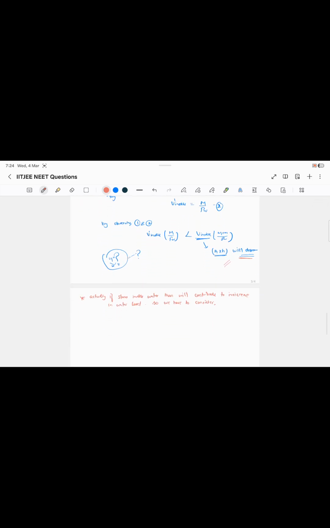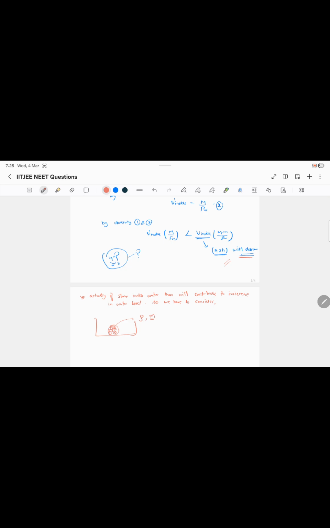So now I am considering that the stones thrown into water are a large number, all together, collectively. I know density is rho and total mass is m. Can you tell me how much volume they will occupy?